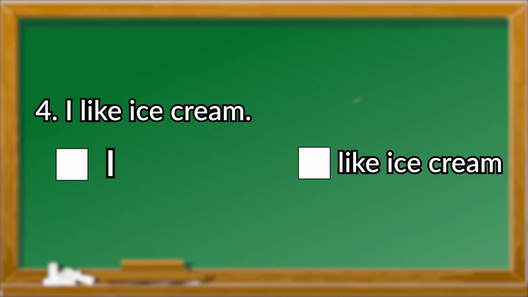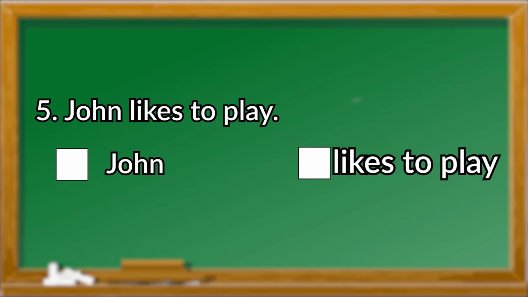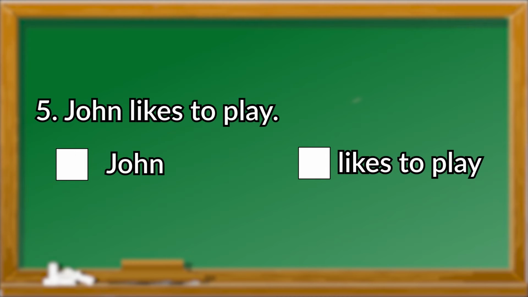Yes, I. So the subject is I. Number 5, John likes to play. The first box, John. The second box, likes to play. Who likes to play? John. So the subject is John.